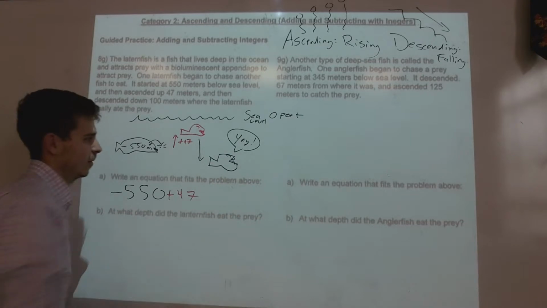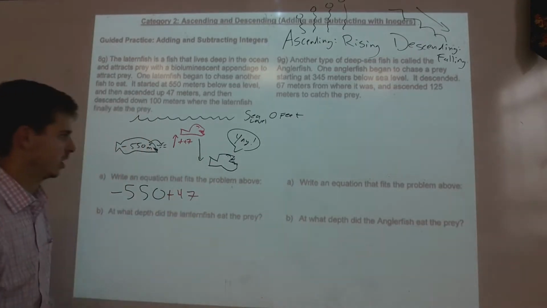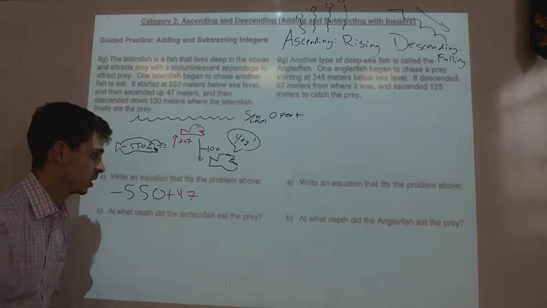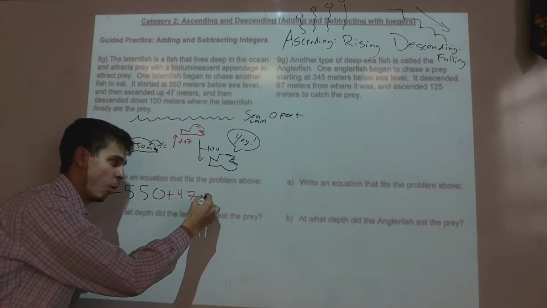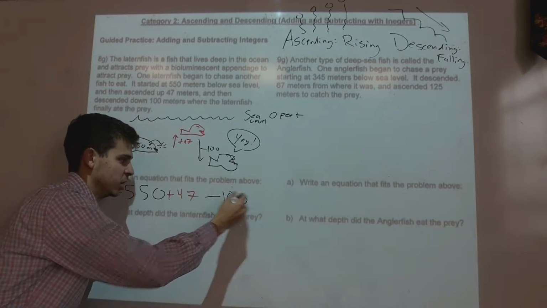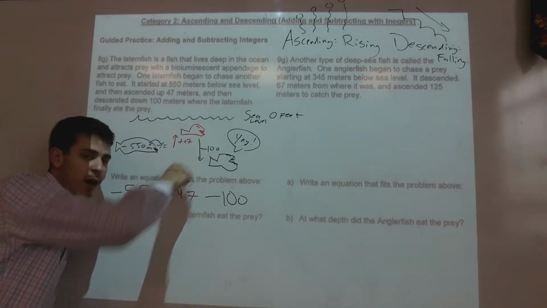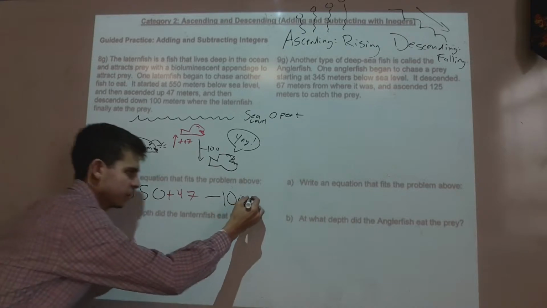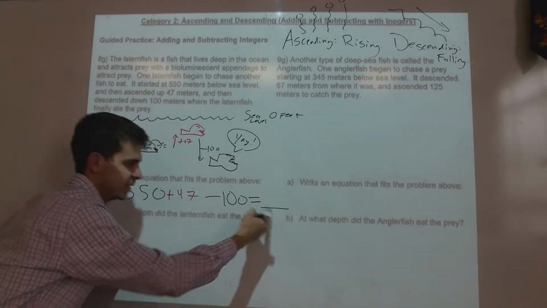Yay! Okay, so he ate the fish here, and this right here is going down 100 feet, so we could express this as adding a negative, or if this makes more sense, just subtracting 100. It goes down further. So this right here is our equation. It is equal to something.